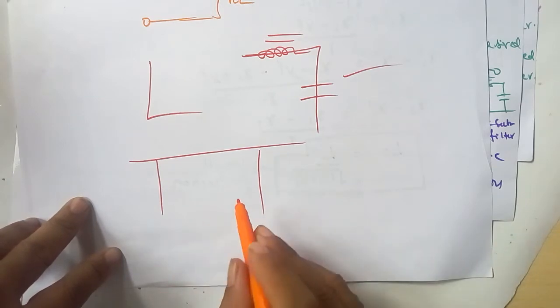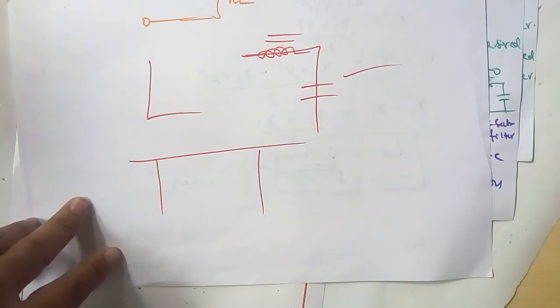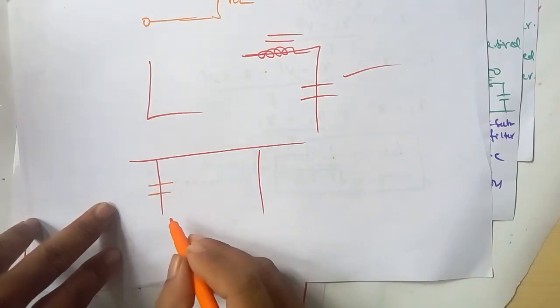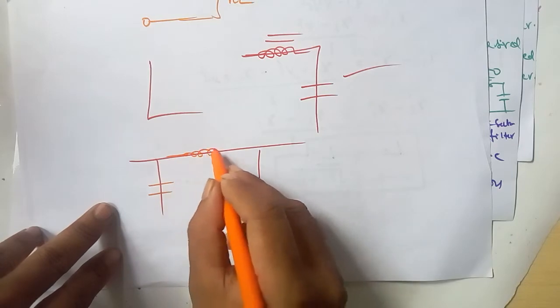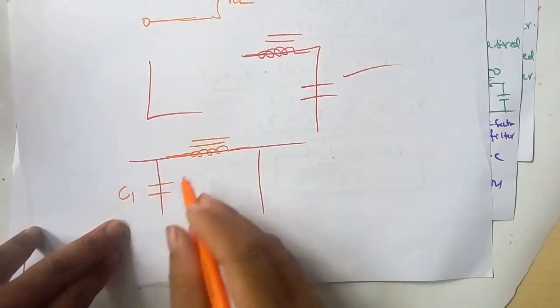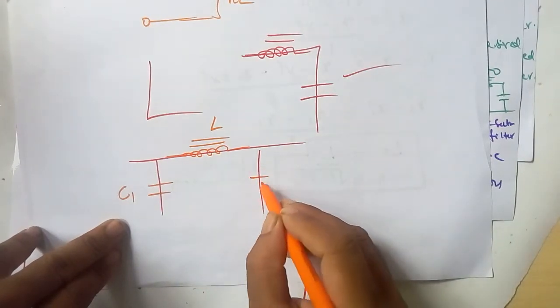For pi, we form both L section and both series inductor and parallel capacitor filters, same to same. So now you see, first you take the capacitor filter and this one is the series inductor filter. Remember, the inductor filter is always in series and the capacitor filter is always in parallel. Let us suppose this is C1 and this is the inductor L, and in another branch you take another capacitor C2.